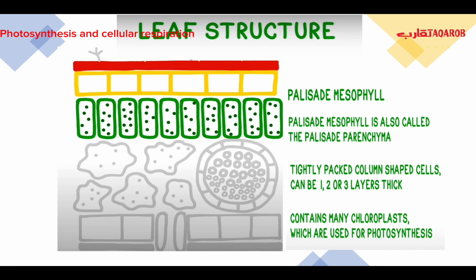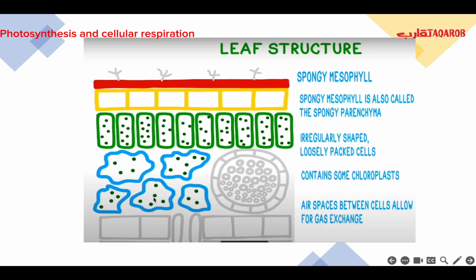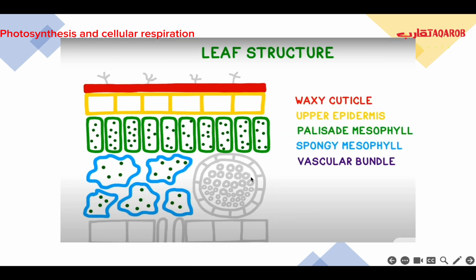The spongy mesophyll has spaces between the cells to allow for gas exchange. The last one is the vascular bundle. So we have three types of cells: the epidermal, mesophyll, and vascular bundle.